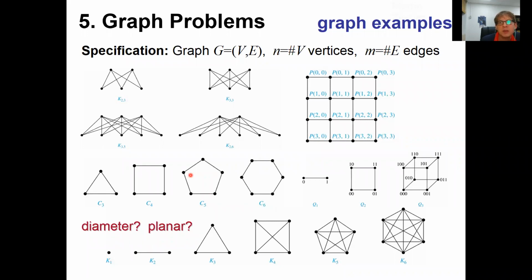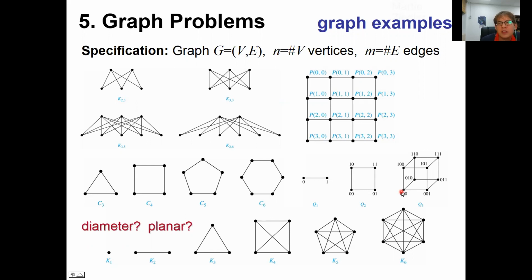They are also intermediate in terms of the diameter. Recall that the diameter of the complete graph is 1, constant. The diameter of the cycle graph is n over 2, linear. And the diameter of the hypercube graph, let's look at that. What's the worst case? Which are the furthest vertices in the hypercube graph?